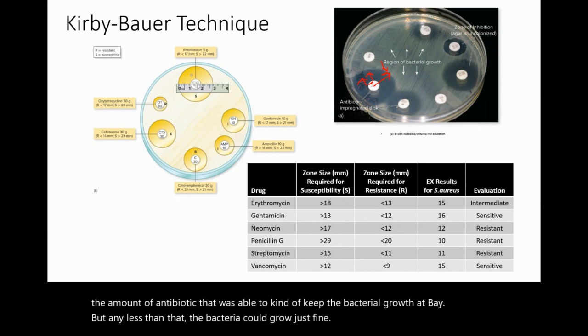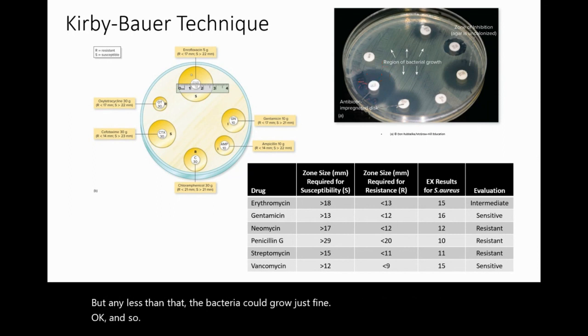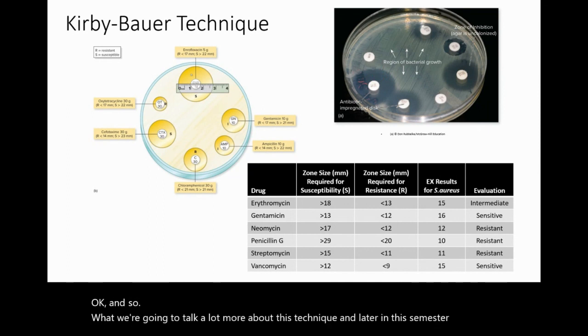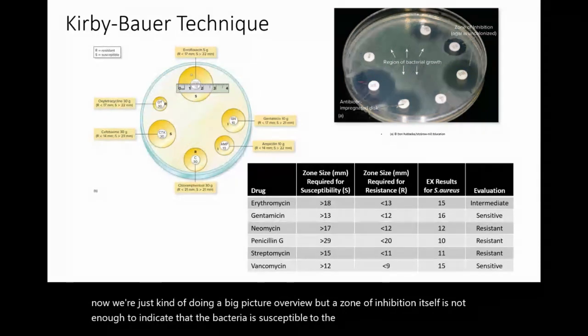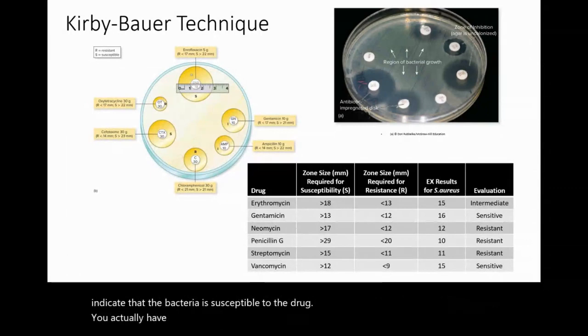And so we're going to talk a lot more about this technique later in this semester. So for now, we're just doing a big picture overview. But a zone of inhibition itself is not enough to indicate that the bacteria is susceptible to the drug. You actually have to measure the zone in order to figure out if the bacteria is susceptible or resistant.